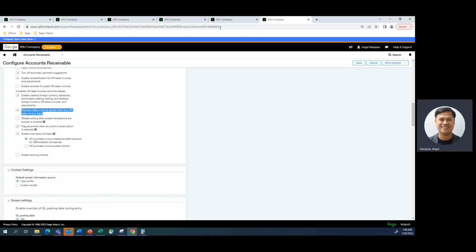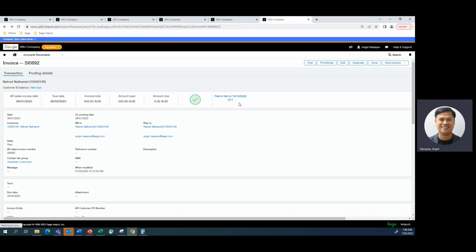So in this case, the payment, which is the 19th of December, would not be allowed for an AR invoice that is dated after that payment date. So this wouldn't be allowed at all if we have that preference. So it's best to have that preference ticked to avoid a similar situation as this.